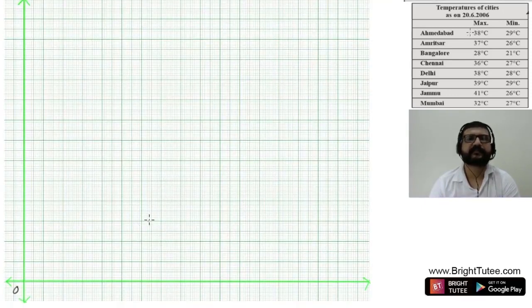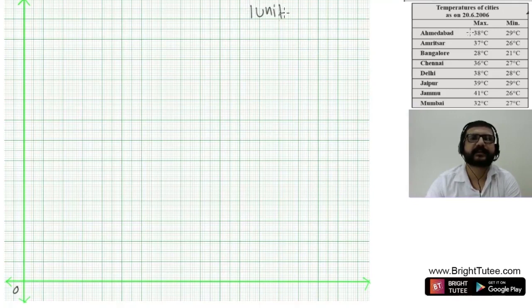Now for graphing this, first of all, we have to choose a scale. So let's take the scale as 1 unit equal to 5 degrees Celsius. The vertical line here will be representing temperature and the horizontal line will be representing different cities.